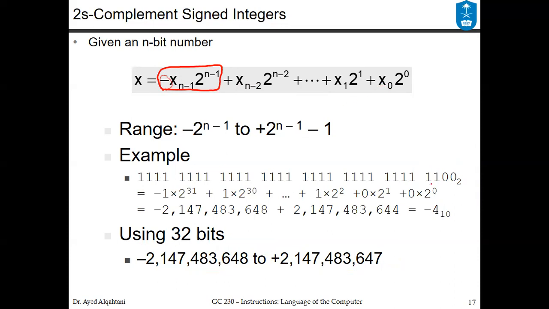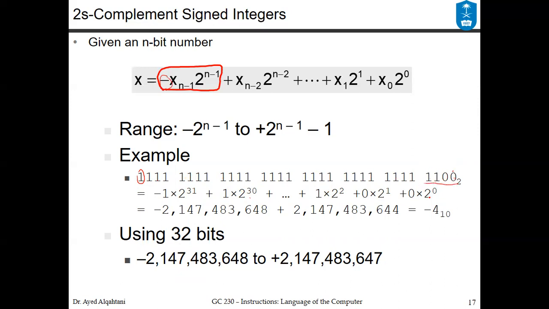As an example, if you have this number, that long number here in binary, 0, 0, 1, 1, and so on, to get the value of this number, this one would correspond to minus 1 times 2 to the power of 31. And then the rest are positive values. So this one, 2 to the power of 30. This one, 2 to the power of 29, and so on, all the way to the last 4 bits.